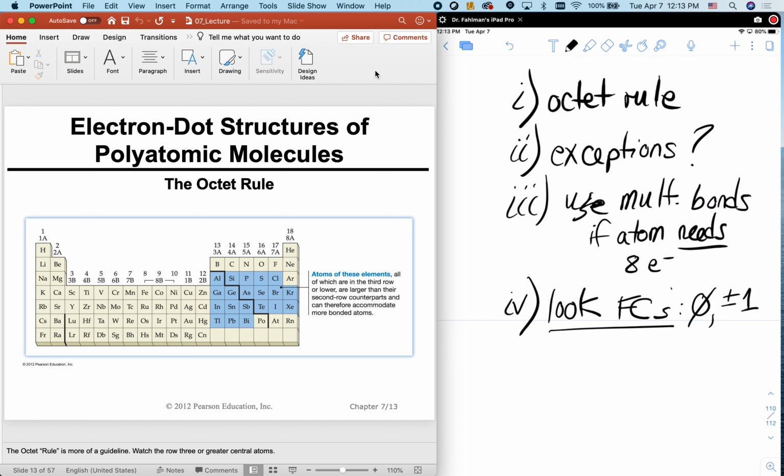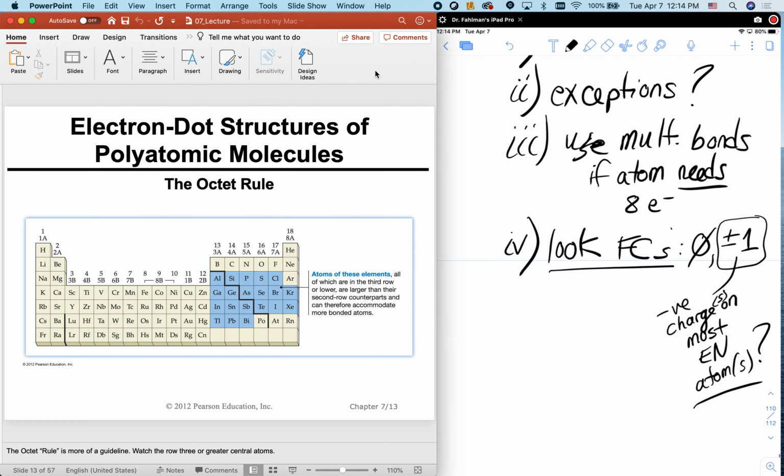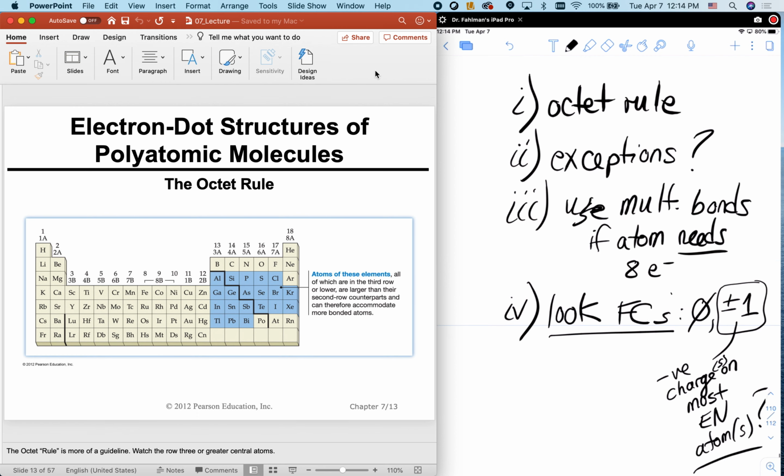And then as a final check, let's say you do have charges that are plus and minus 1: is the minus charge on the most electronegative atom or atoms? Those are really the 4 things to look at to determine whether you have the quote-unquote best Lewis structure.